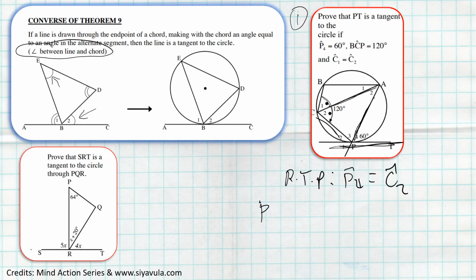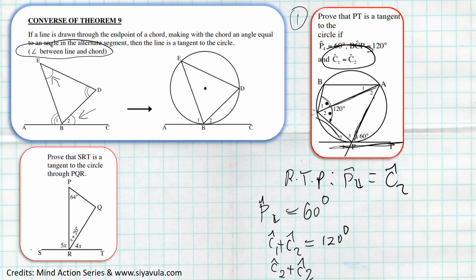We know that our angle P4 is equal to 60 degrees. Let's go and calculate C2. We are given that C1 plus C2 is 120 degrees. Very key. But C1 is equal to C2, we are given that in the statement, meaning that we can replace C1 by C2 and solve for C2.